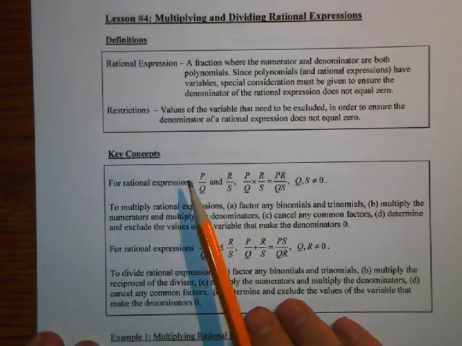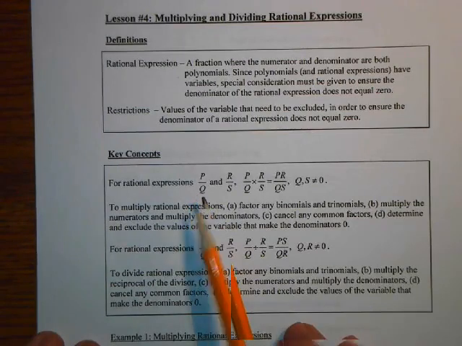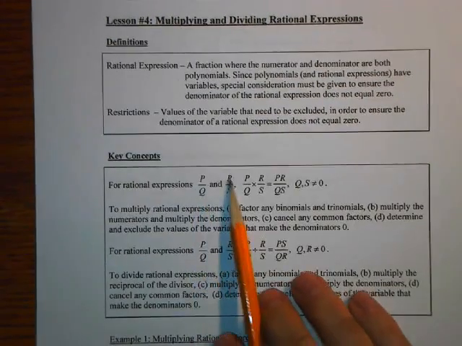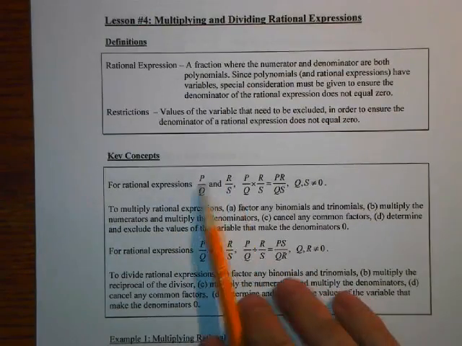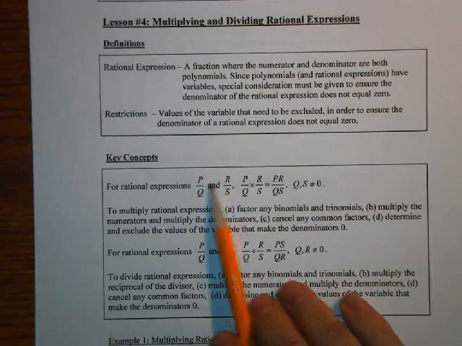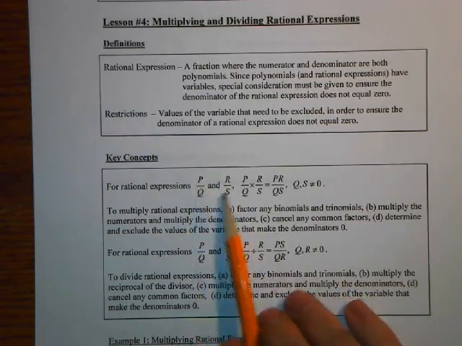Now, before we get into some examples, I want to compare how this is going to work with rational expressions compared to just rational numbers. I'm going to use these capital letters. If these were numbers, these would just be two fractions.